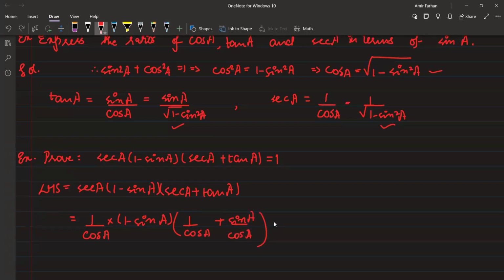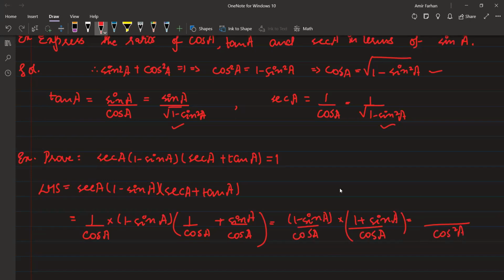Now both denominators are cos A, so we can directly add them up: (1 plus sine A) by cos A. Multiplying (1 minus sine A) and (1 plus sine A) gives cos A squared in the denominator.